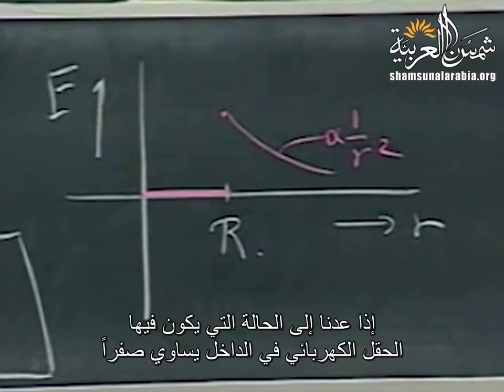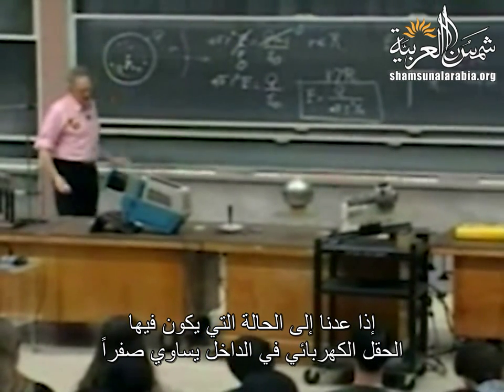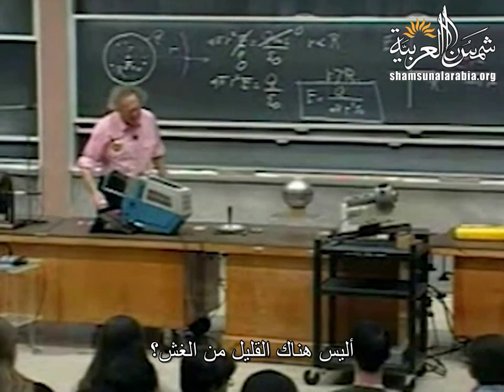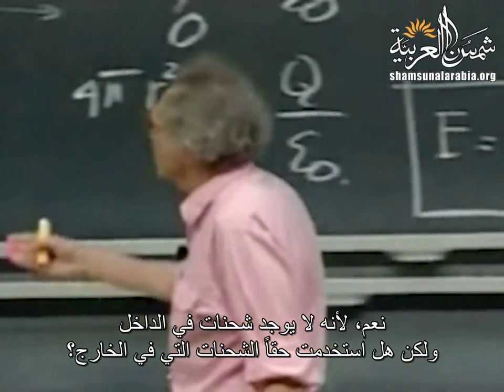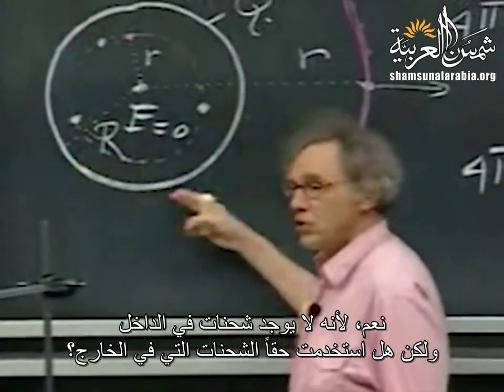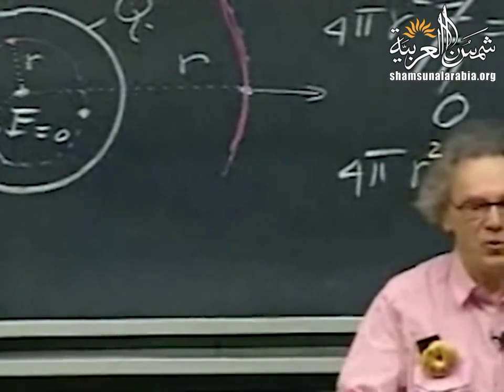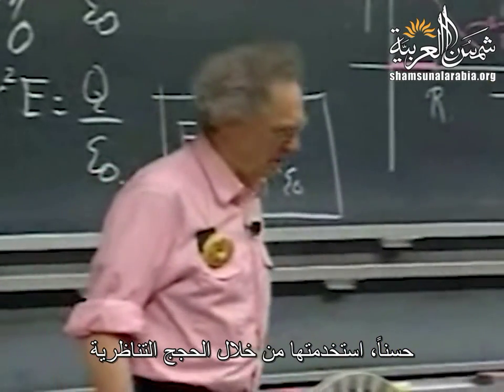If I go back to the situation that the electric field inside is 0, you may say, isn't that a little bit of a cheat? Because, yes, there is no charge inside, but have you really used the charge outside? And if you have used it, how did you use it? Well, I have used it through my symmetry arguments.